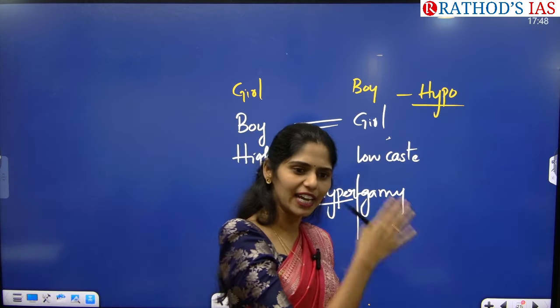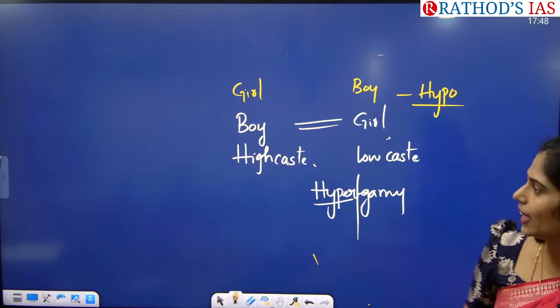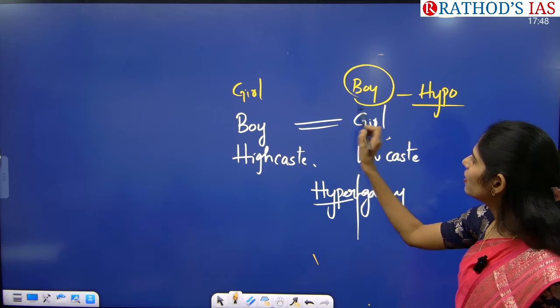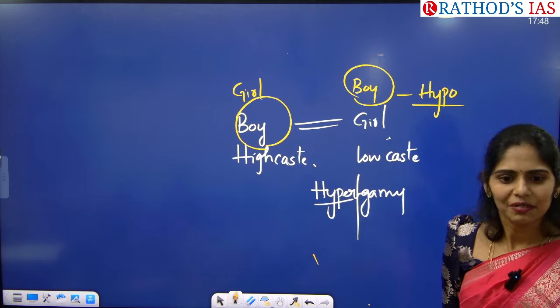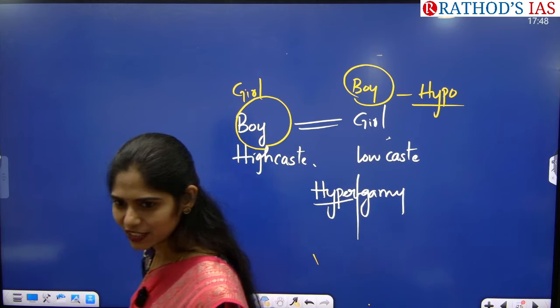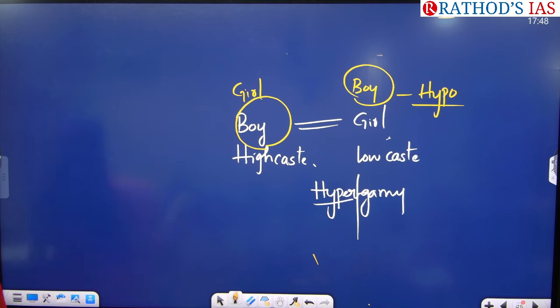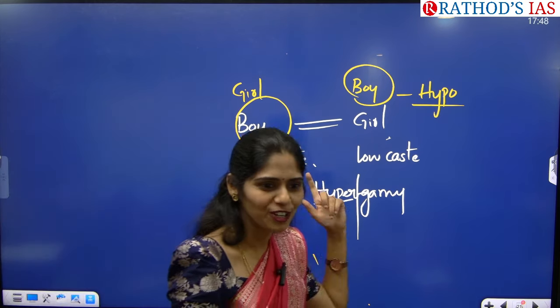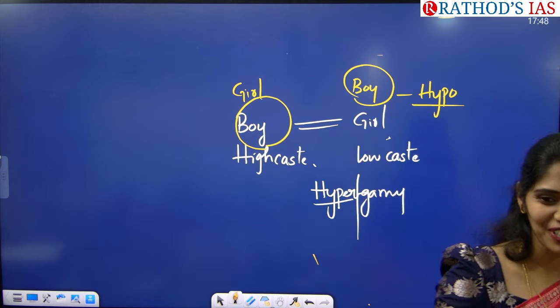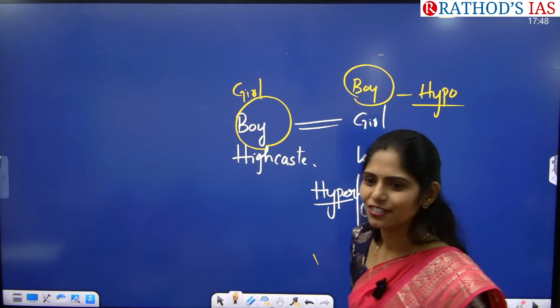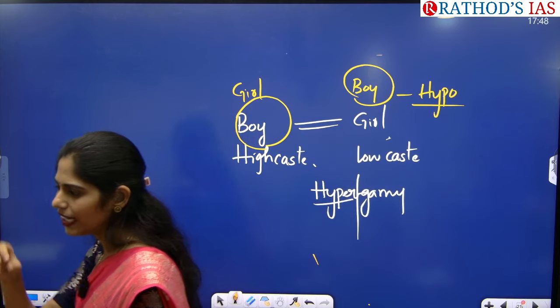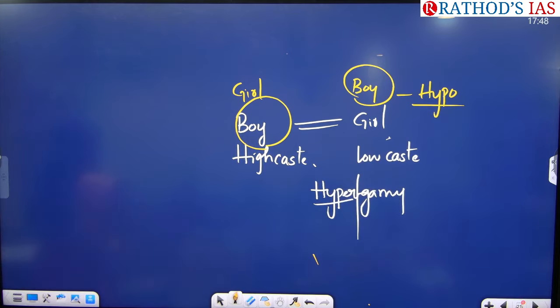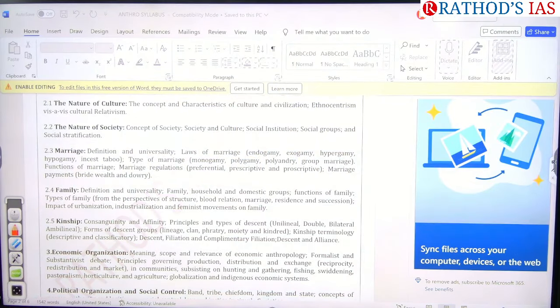Girl is coming from the high caste or low caste. Why we are not taking consideration of girl here? Why will be taking only boy? Because of our patriarchal society. So that is the reason. So whatever thing that we will be discussed, where we will be giving more status to boy, because at present we have to remember that we are in this patriarchal society. So only very few incidents we will be discussing about this matriarchal society. That is very rare. Clear? That is about hypergamy and hypogamy.